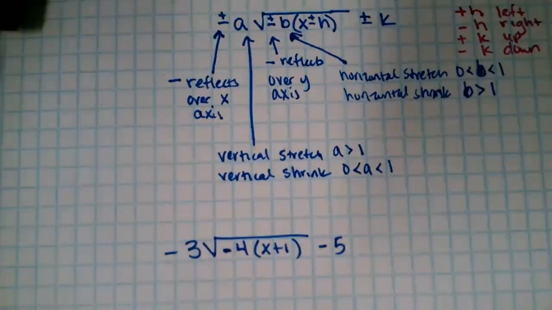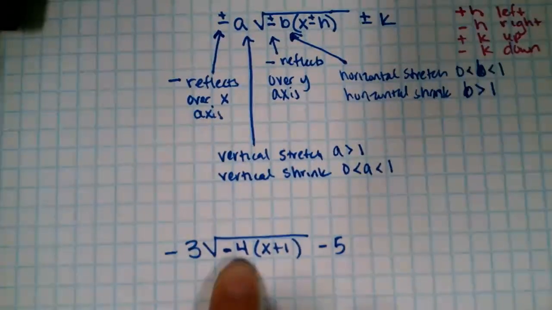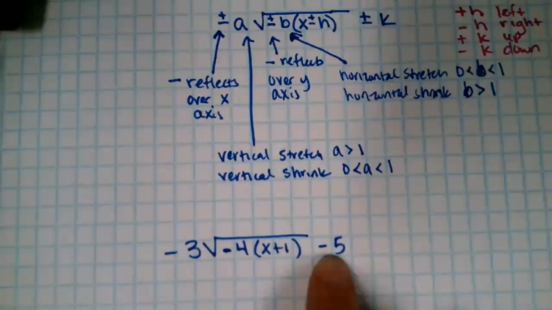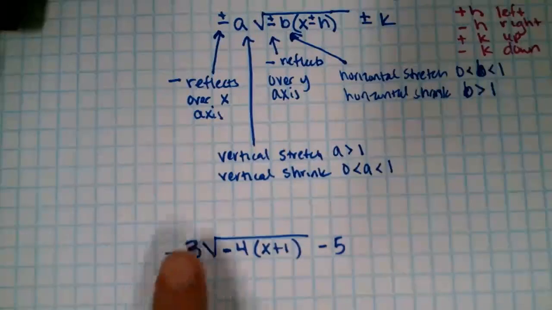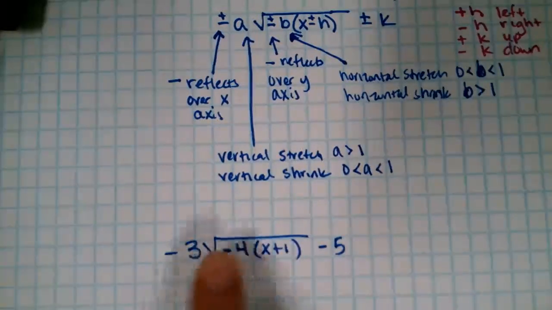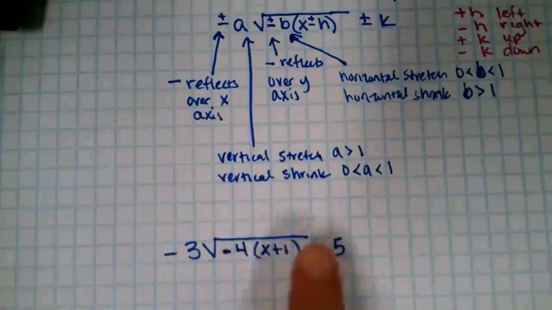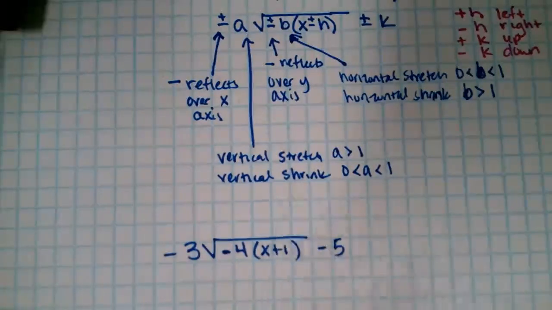So when you talk about the horizontal stretch and shrink, you have to also take the reciprocal. So when we say this is a horizontal shrink, it's by 1/4 because it's the reciprocal of that. And then we have a left 1 and a down 5. So reflect over x, vertical stretch, reflect over y, horizontal shrink by 1/4, left 1, down 5. So that's the general rule.